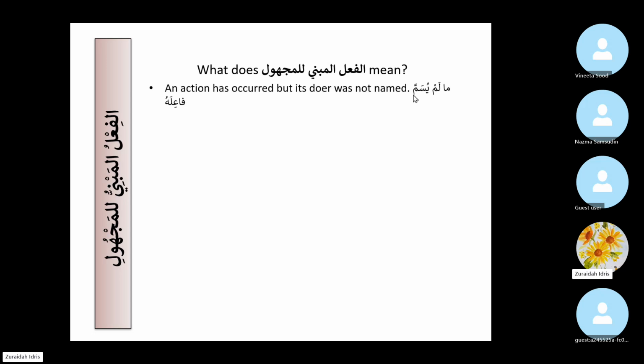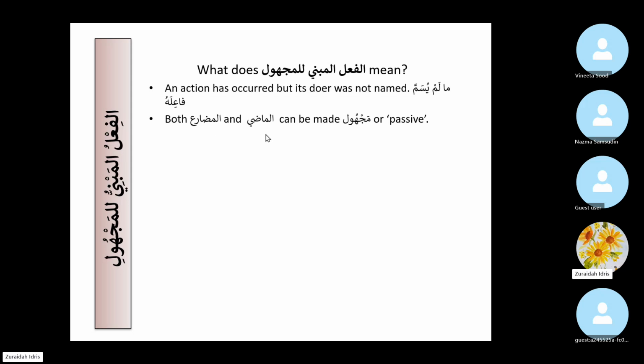The ya actually becomes an alif maksura, and that is what you drop, and then it becomes yusamma. The ma'lum is the opposite of majhul. It would have been yusammiyu.